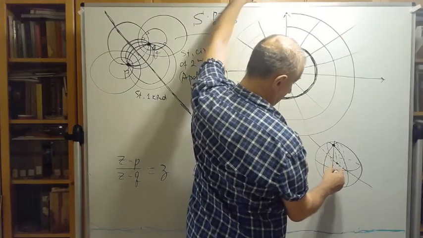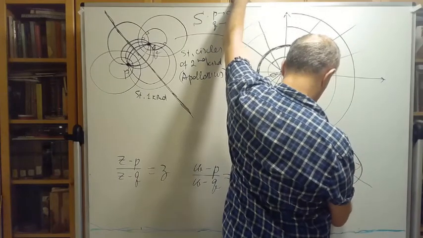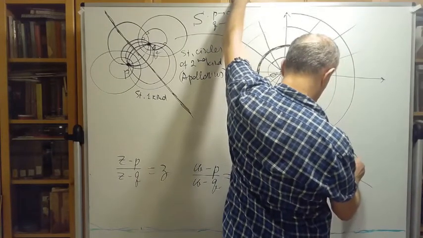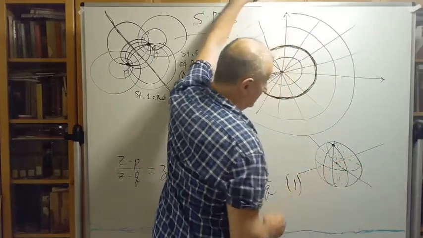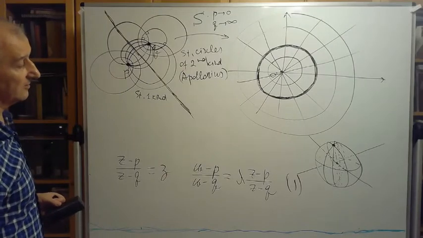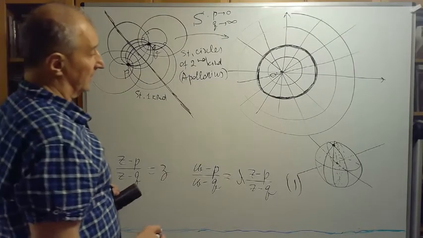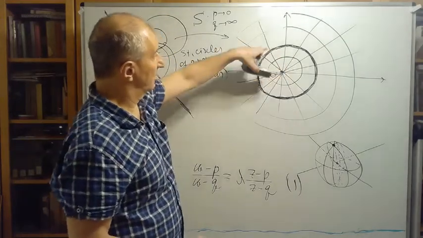Let's say this one. Straight line, and so on. I drew the two lines, it's messy already without this. Yes?